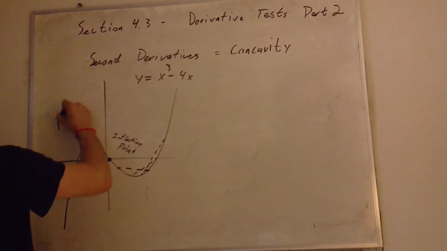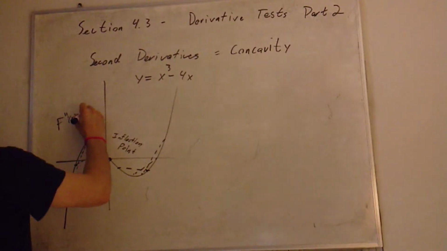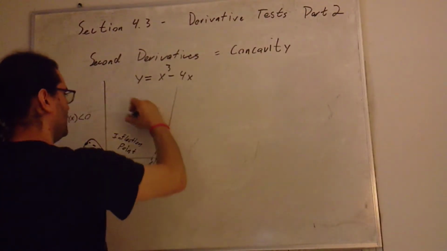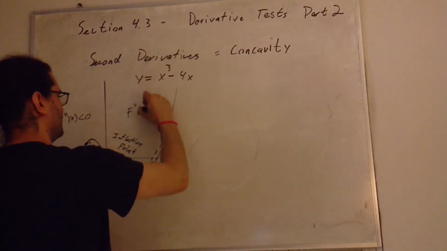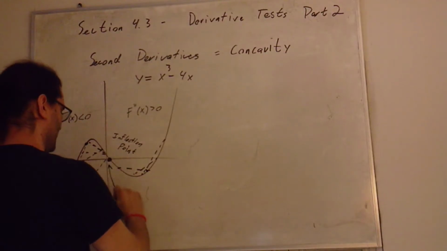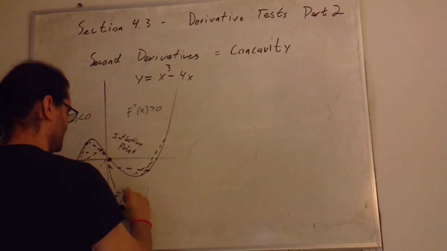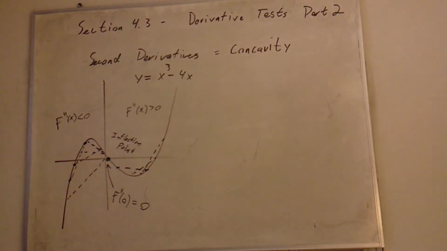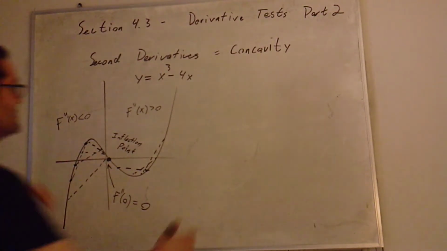So here we have f double prime of x is less than 0. The second derivative is negative back here. Here, the second derivative is positive. And at this point right here, which again should be 0, the second derivative is 0. And we can test this.